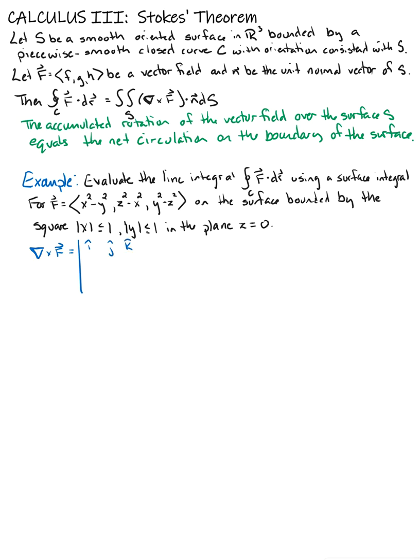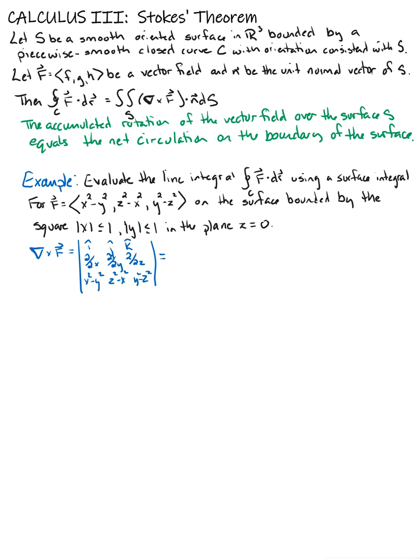The second row is our gradient, which is the partial with respect to x, the partial with respect to y, and then the partial with respect to z. And the third row are the components of F. So we have x squared minus y squared, z squared minus x squared, and finally y squared minus z squared.